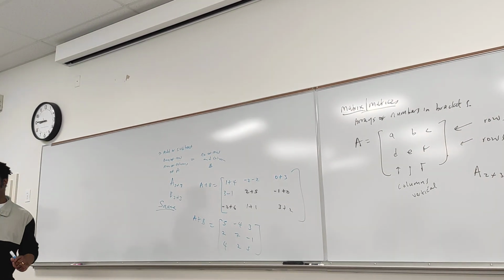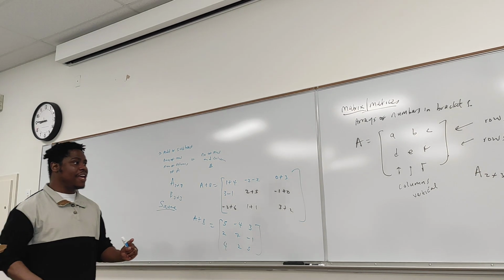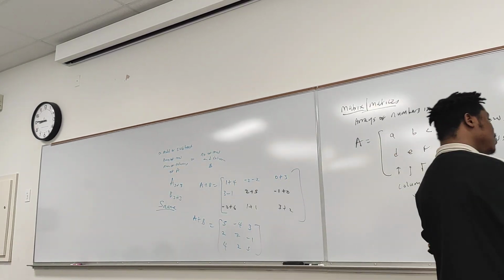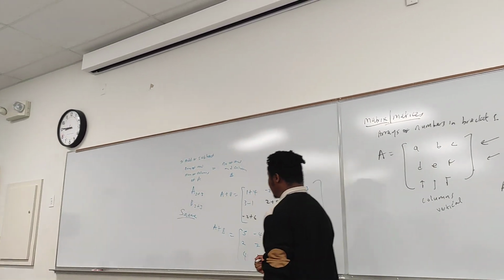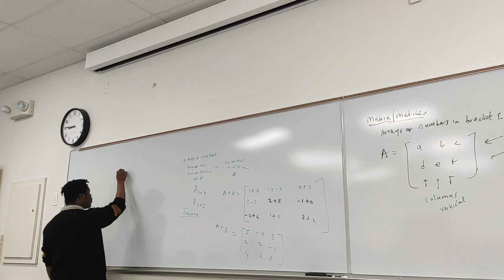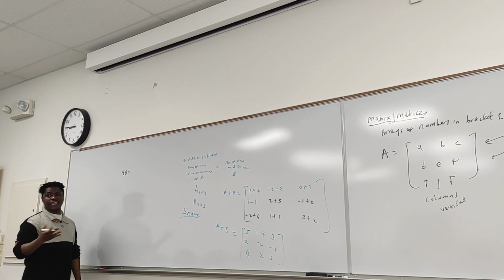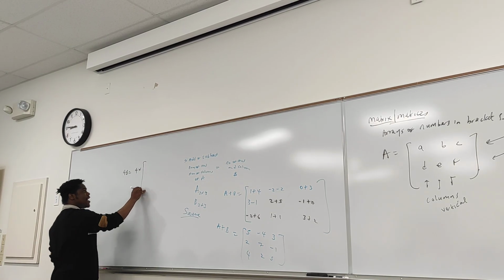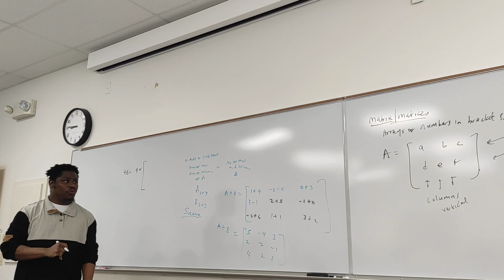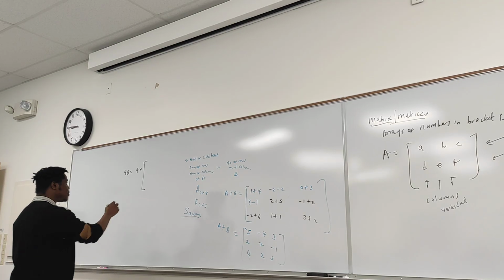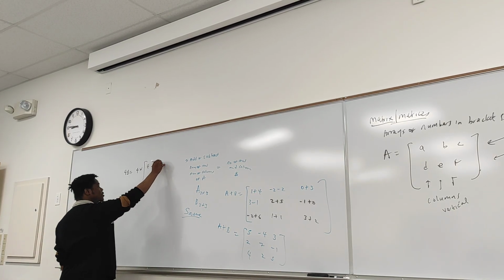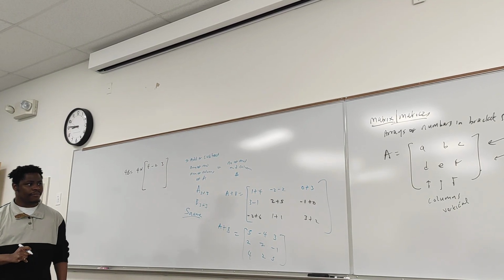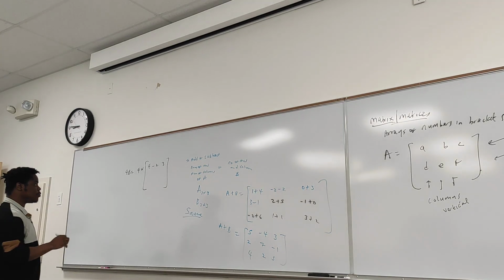I want you all to try A minus 4B. The way you do it is 4B means you multiply all of B by 4. 4 is a scalar, right? So it's just 4 multiplied by everything in B, which is 4, minus 2, 3, minus 1, 5, 0, 6, 1, 2.